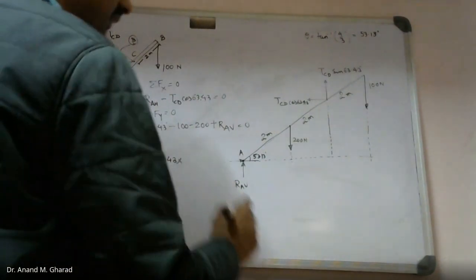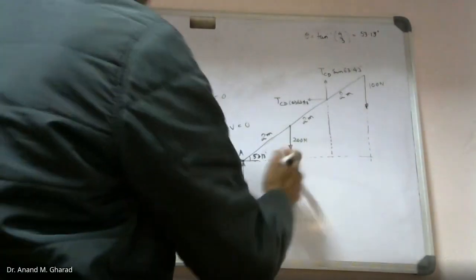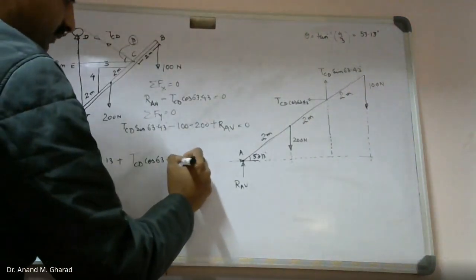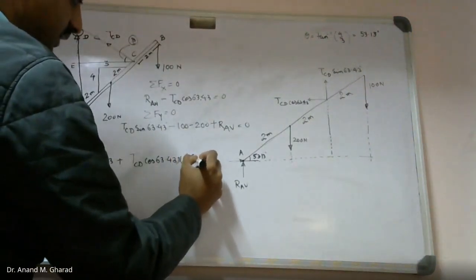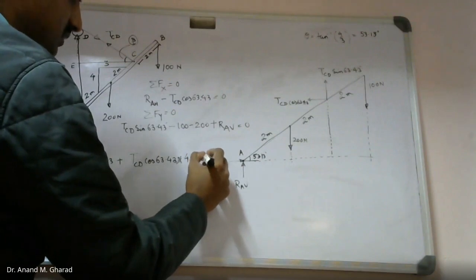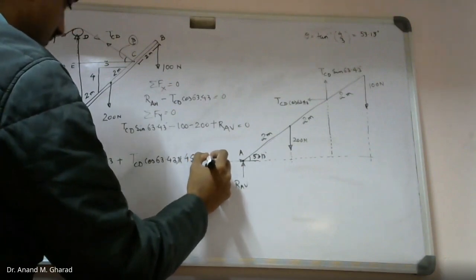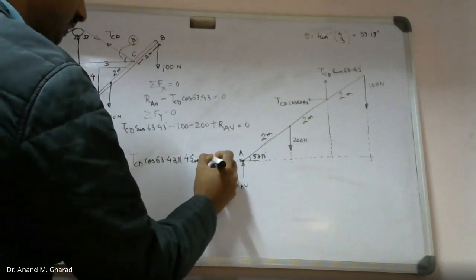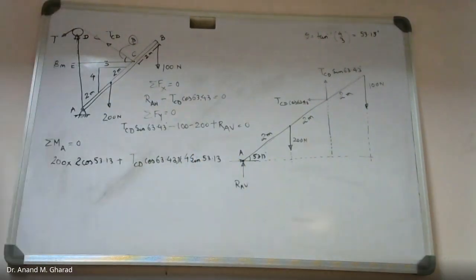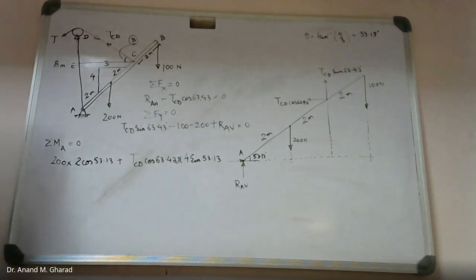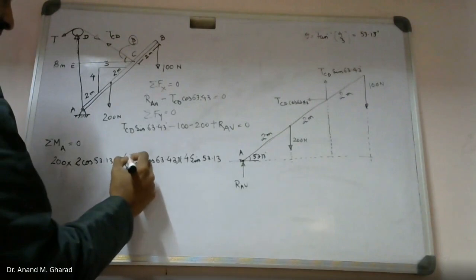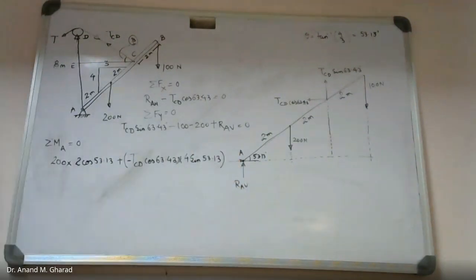Yes, this will be 4 sine component. That will be 4 sine of 53.13. Am I right? Yes, sir. And in which direction it is rotating? It is rotating in the anti-clockwise direction. So this will be negative.